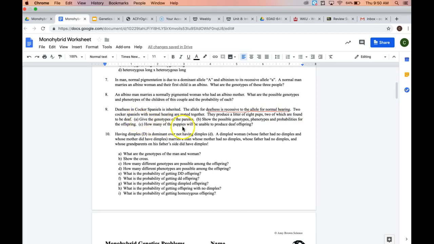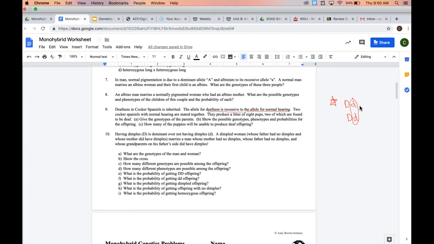So if they're deaf, the only way that normal-hearing Cocker Spaniels mated together can form a deaf pup, if that is the recessive allele, is each of them has to donate a recessive allele, let's go with D's here, to the pup.